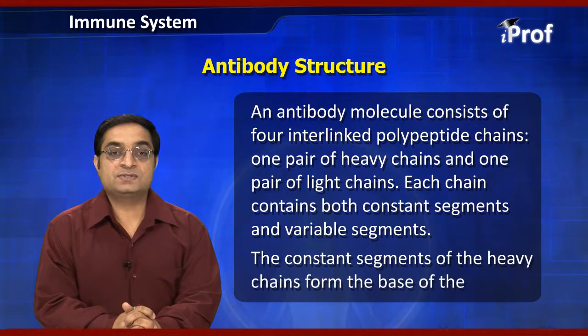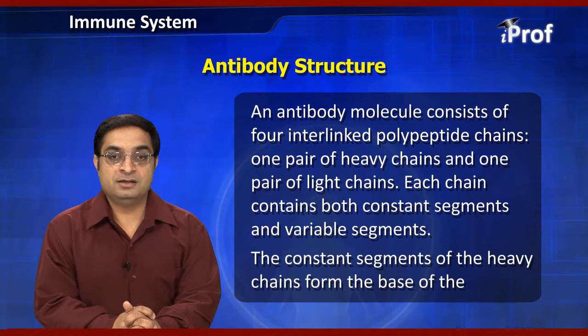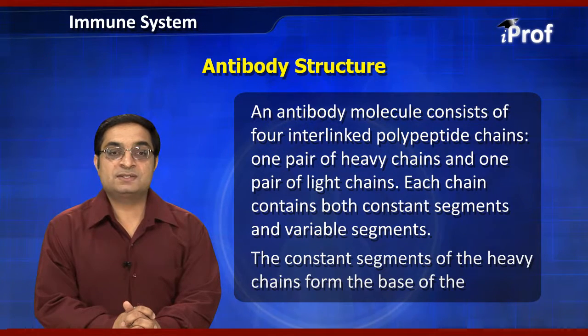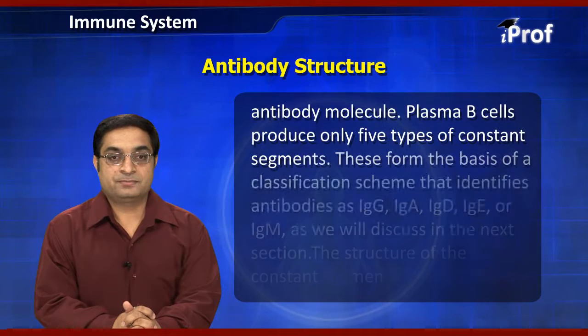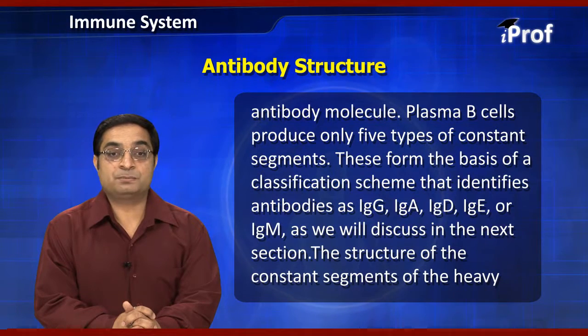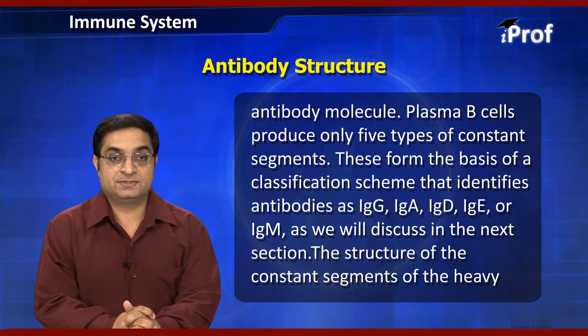The constant segments of the heavy chain form the base of the antibody molecule. Plasma B cells produce only 5 types of constant segments.